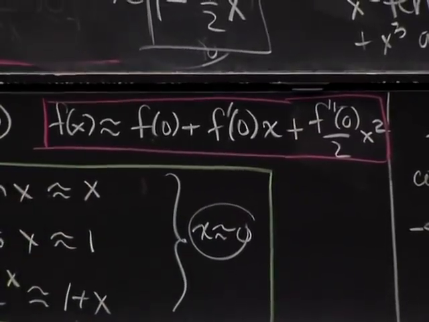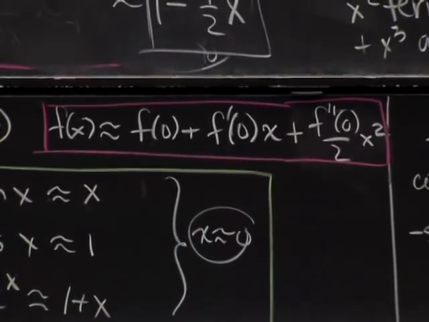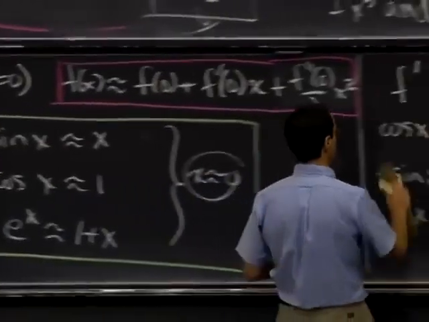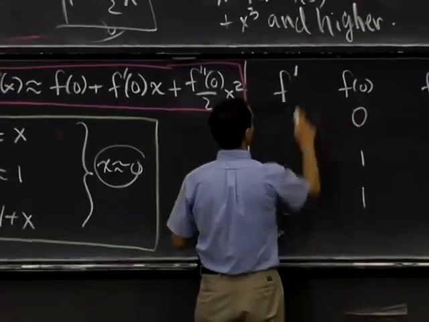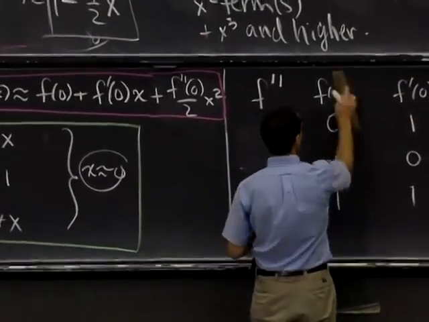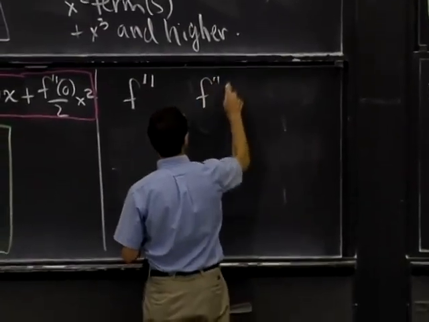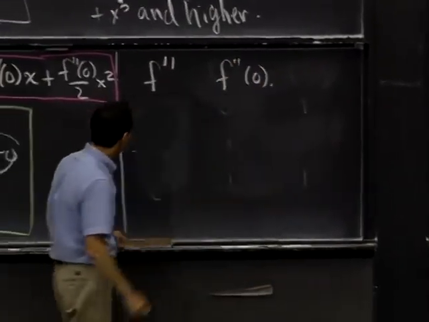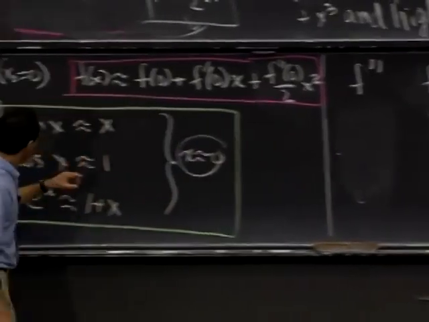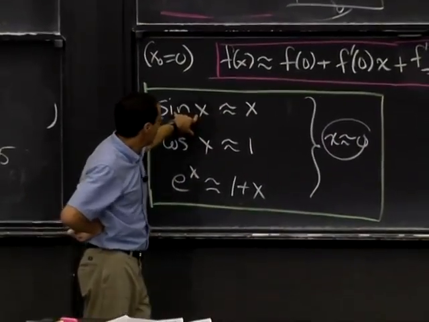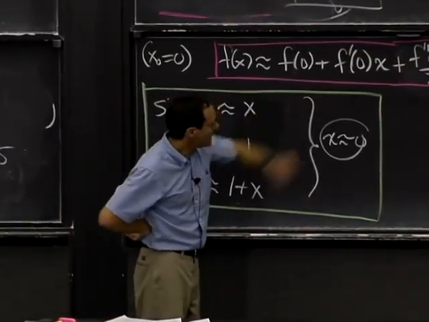And now, in order to figure out what's going on, I'm going to need to compute also second derivatives. So here I need a second derivative, and I need to throw in the value of that second derivative at 0. All right, so this is what I'm going to need to compute. So if I do it, for example, for the sine function, I already have the linear part. I need this last bit.